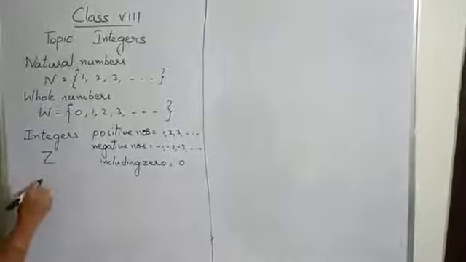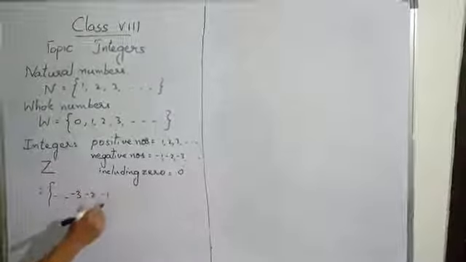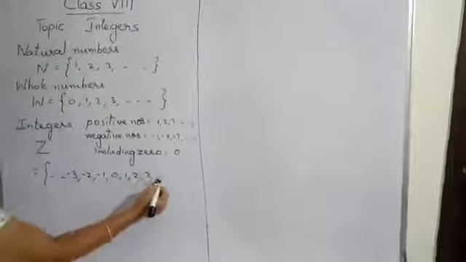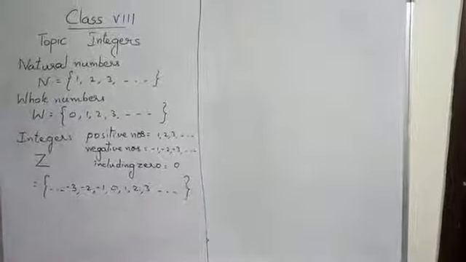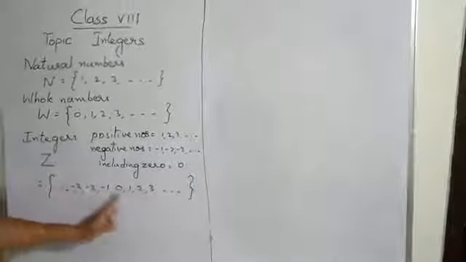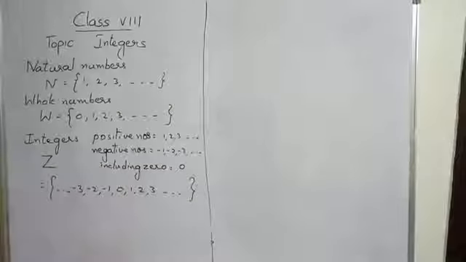So integer set Z is equal to the negative integers -3, -2, -1, 0, 1, 2, 3, so on. So integers consist of positive numbers, negative numbers, including 0. This is the integers set.